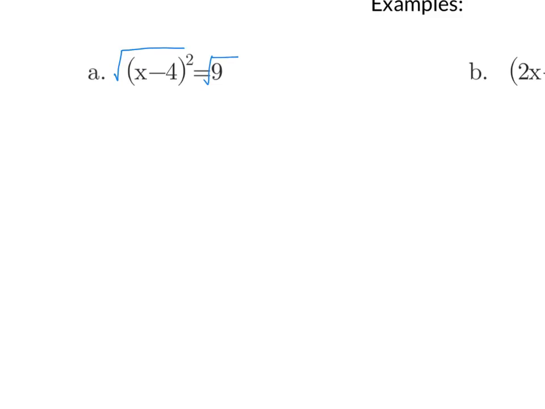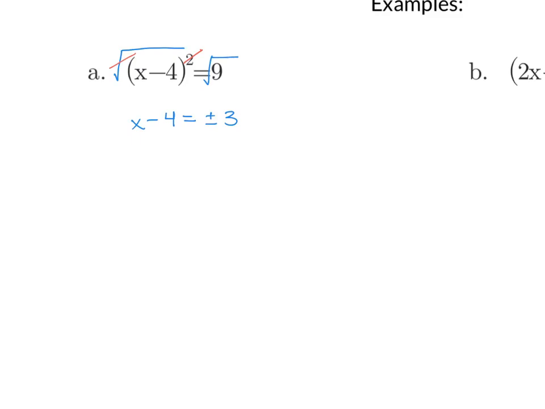On the left, my square root and my square cancel, leaving me with just the inside thing, which is x minus 4. On the right, I want to take the square root of 9, which is 3. And again, I want to include plus and minus.